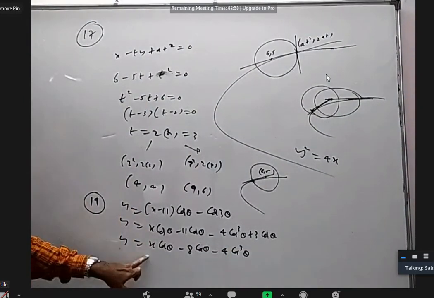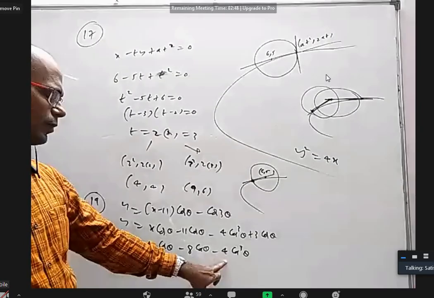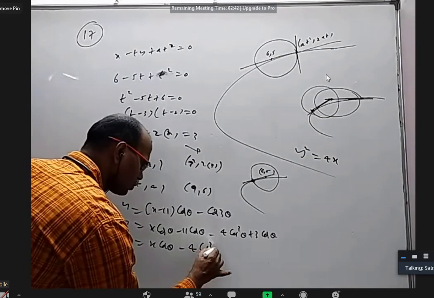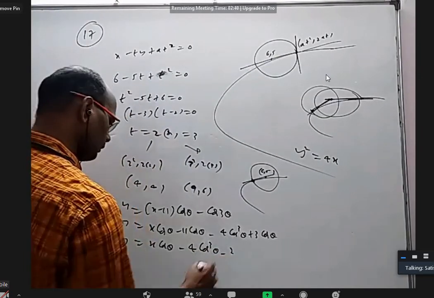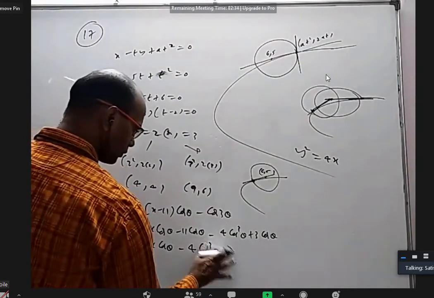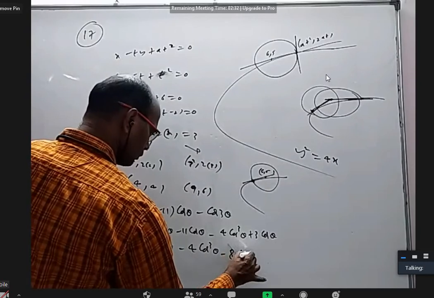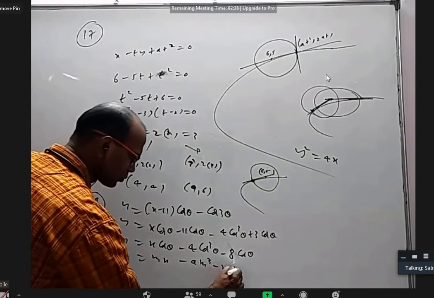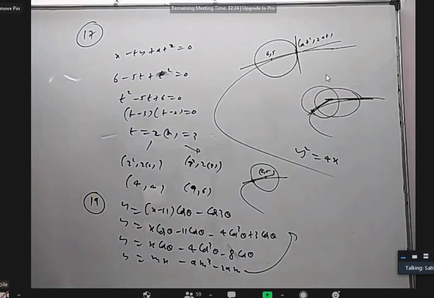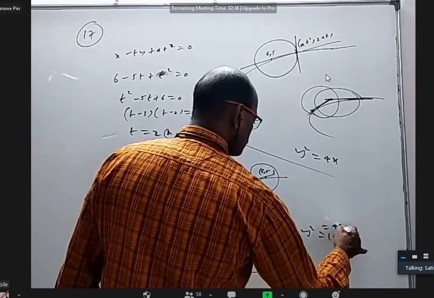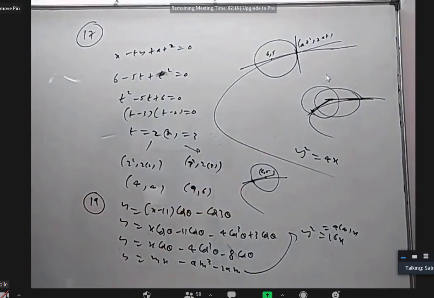Does it look like y = mx minus am^3 minus 2am? Yes, 2a is 8, and a is 4. So y^2 = 16x, or 4 times 4 times x. This is always normal to this parabola. We don't have to find theta.